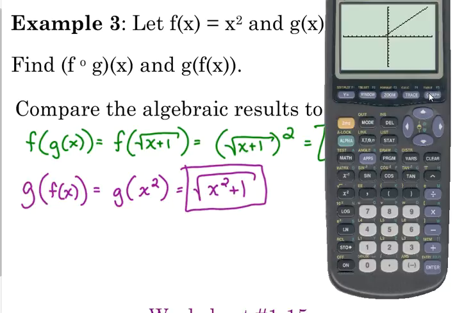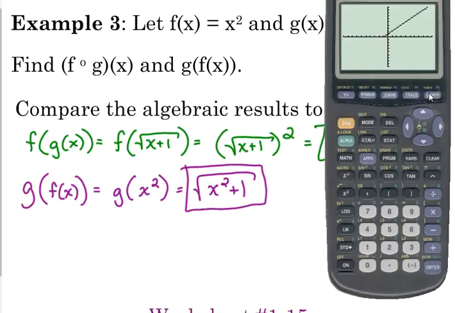Because when I compose this, the first function that I have right here has a restricted domain. Remember doing square root functions? We have restricted domains because we can't take the square root of a negative number. So as long as our x's are -1 or bigger, we're good.